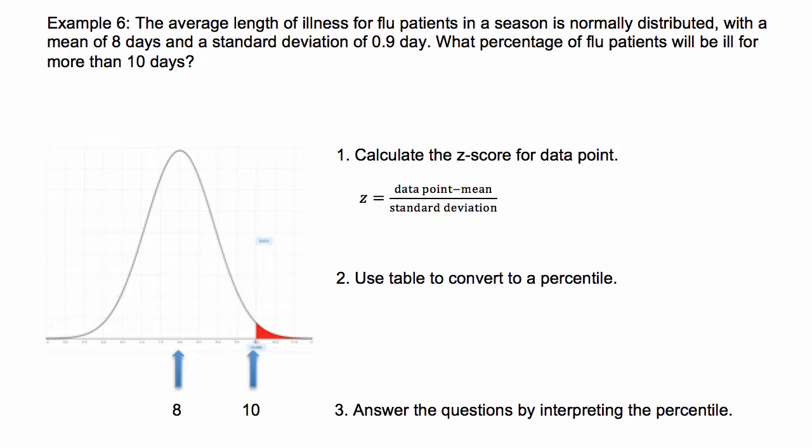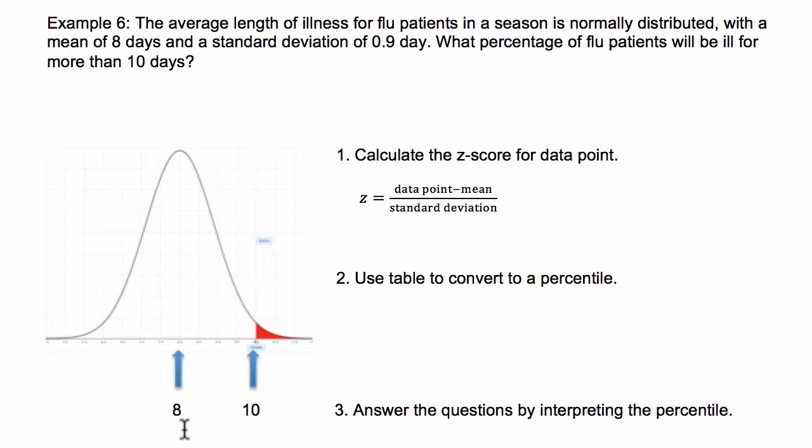Recall, the formula for z-score is z equals data point minus mean divided by standard deviation. Note that the horizontal axis in our distribution represents the average length of illness for flu patients in a season. From the information in the problem, we have the mean is 8 days and the standard deviation is 0.9 days.